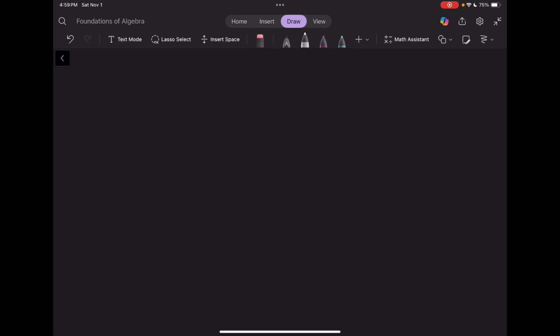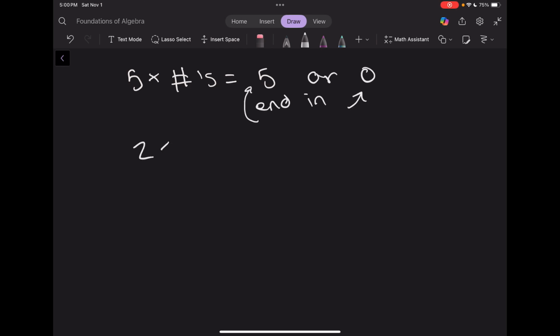So some patterns that you can find in multiplication, there's that zero trick that I was talking about, but also 5 times any number gives me a number that's going to end in a 5 or a 0, and 2 times any number is going to give me an even number.